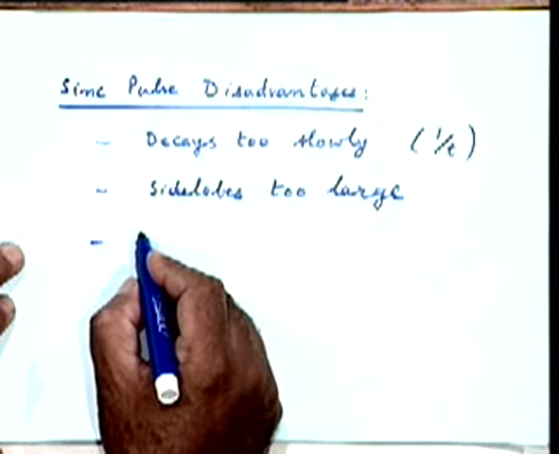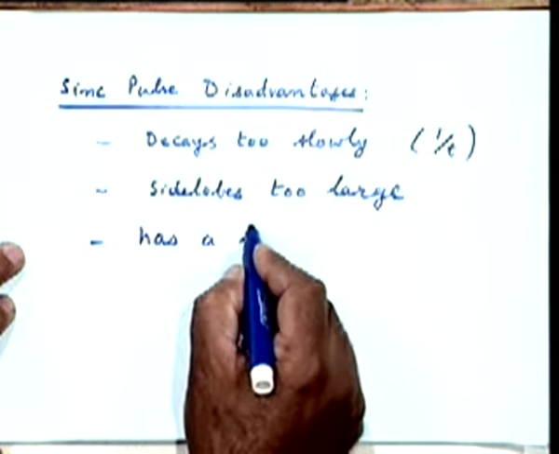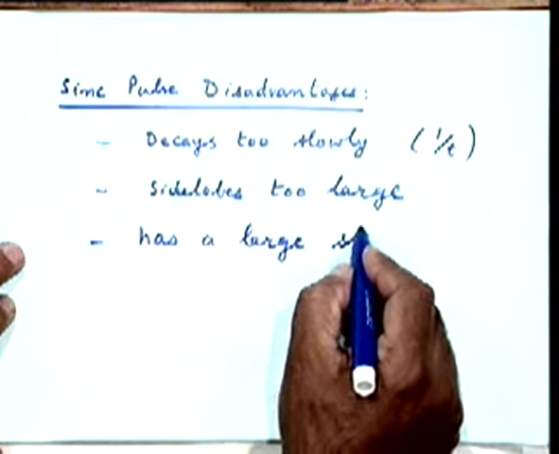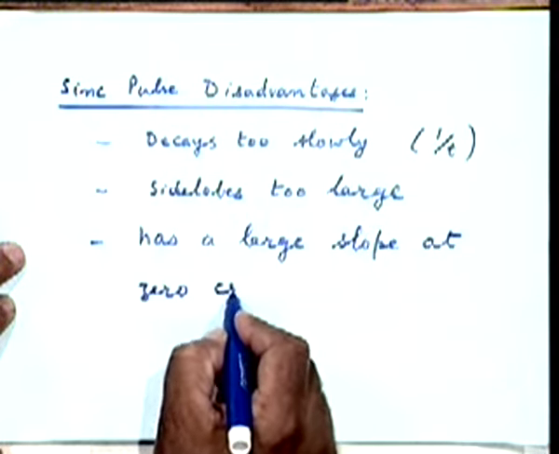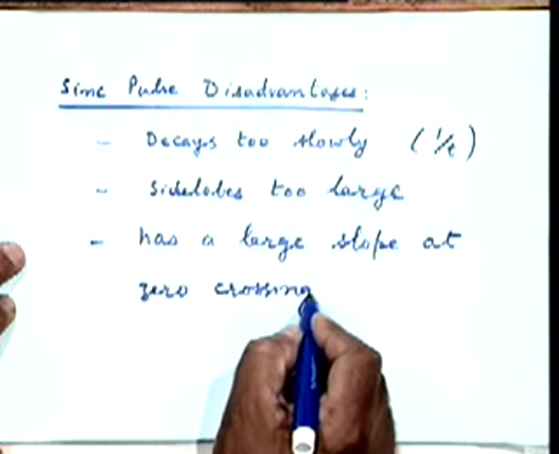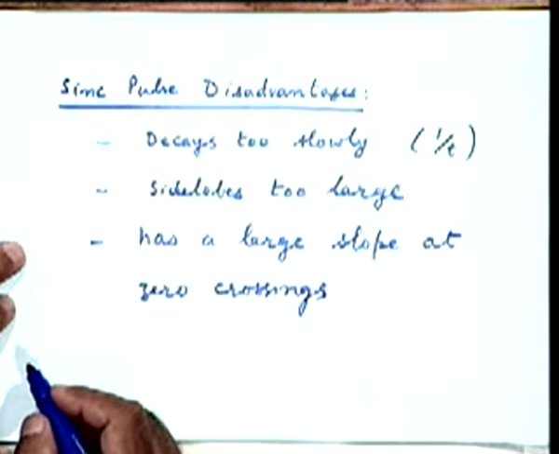And third, it has a large slope at zero crossings. Right? All of which are bad things for us as far as robustness to timing errors is concerned. So this is a basic pulse shape which satisfies your Nyquist requirement, but it is not robust to timing errors.